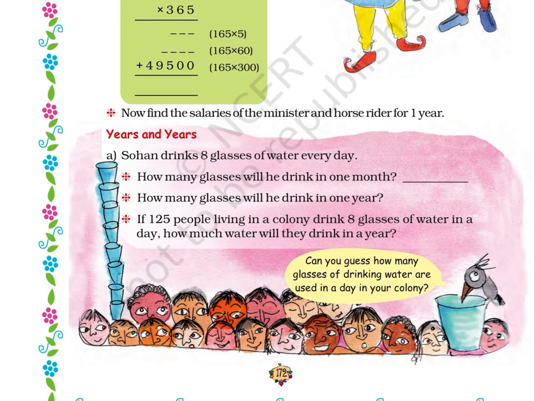Below this we see a colony of people, and lots of glasses have also been piled one over the other. To the extreme right corner we see a bird sitting on one of the glasses, and he is asking us, can you guess how many glasses of drinking water are used in a day in your colony?